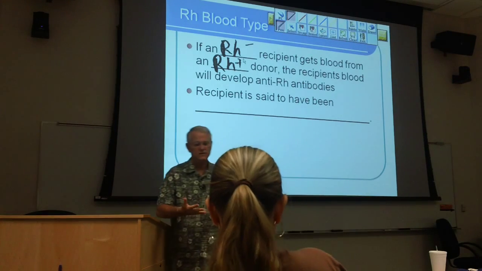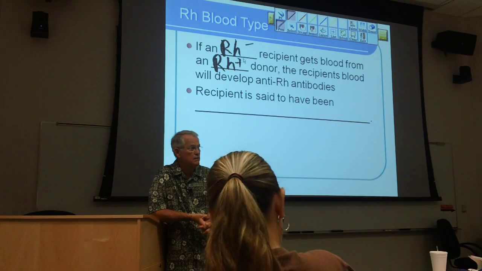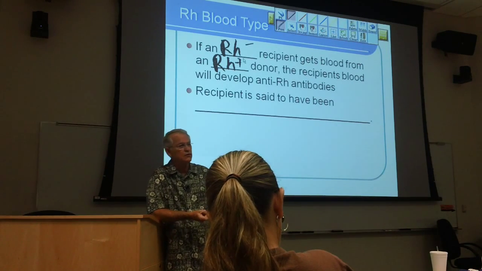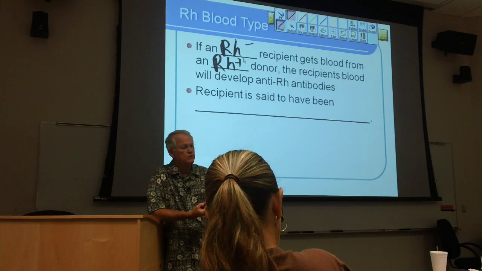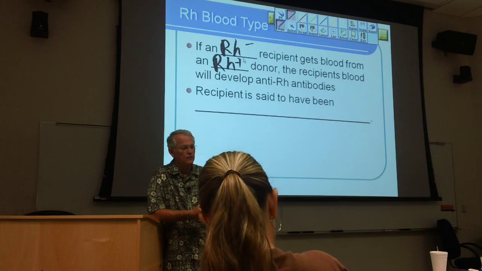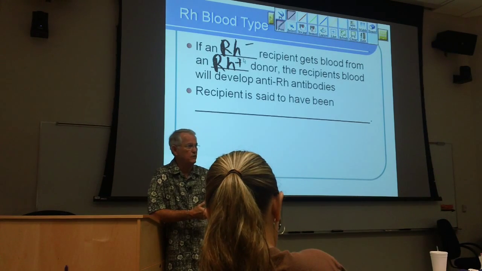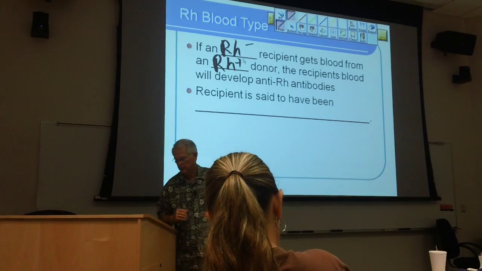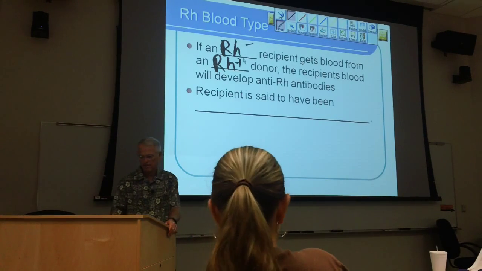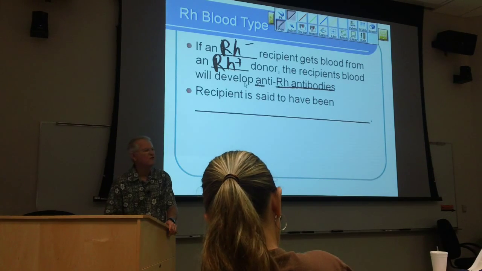So if RH positive cells by transfusion or from a baby that you're carrying get into your blood, your immune system will see that as foreign, and then will produce anti-RH antibodies. Your titer level of those will start going up. And what's the other name for antibodies?